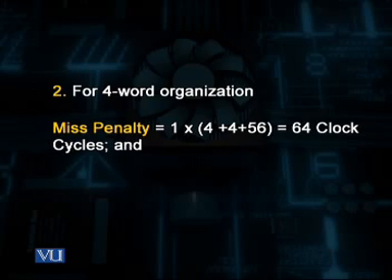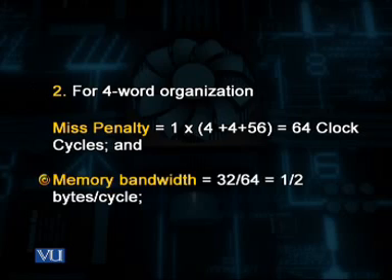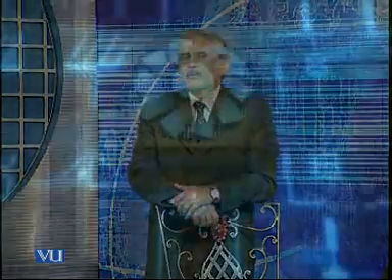Therefore, it results in a miss penalty equal to 64 clock cycles, and it gives us a memory bandwidth equal to 32 divided by 64, which is equal to 1/2 bytes per cycle. So from this, we can conclude that 4 times wider memory reduces the miss penalty by 4 times and enhances the bandwidth by 4.